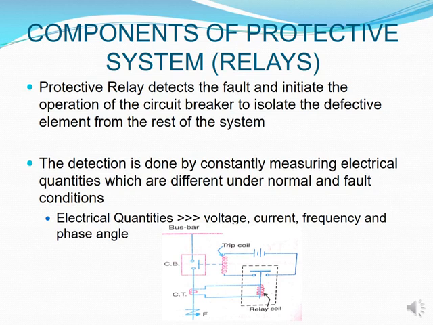Then the detection is done by constantly measuring your electrical quantities, which are different under your normal and your fault conditions. And the measuring is not done by the relay, but by your CTs and your VTs. So in the diagram that you see below, you've got a circuit breaker, you've got a bus bar, goes down to a circuit breaker, then there's a CT.